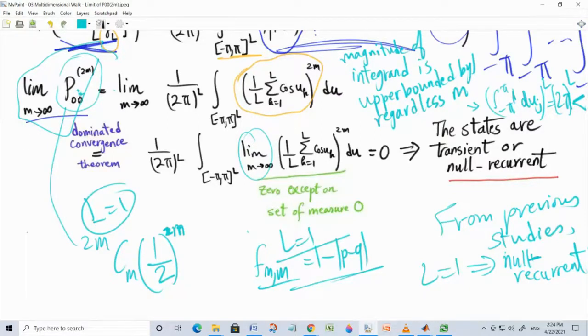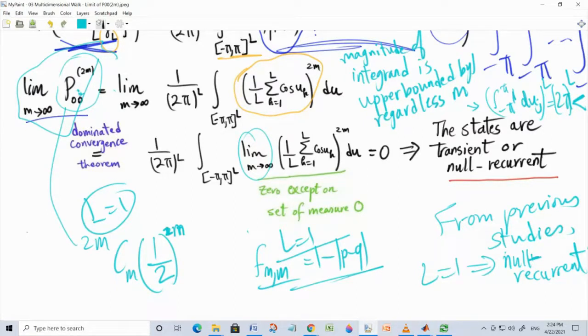In multiple dimensions, we are focused on the simple walk, in which going in any direction is equally likely. But again, the question is, for L equals 2, for L equals 3, and so on, what is going on? Will the states also be null recurrent like L equals 1?